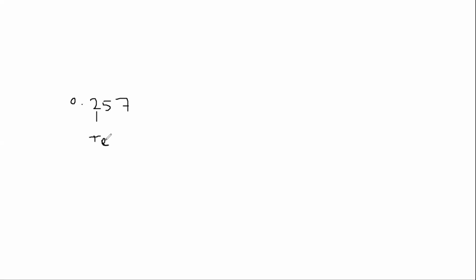Remember, it is a tenth, not tenths. So everything on the right-hand side of the decimal, we will be adding th on it. So that is tenth, this is hundredth, and then this is a thousandth. So the place value for digit 7 is thousandth.